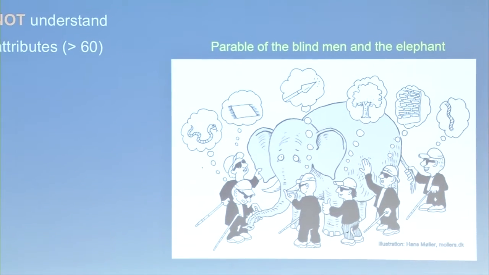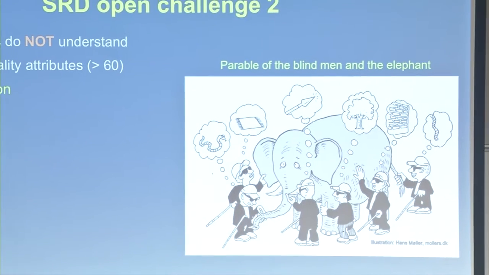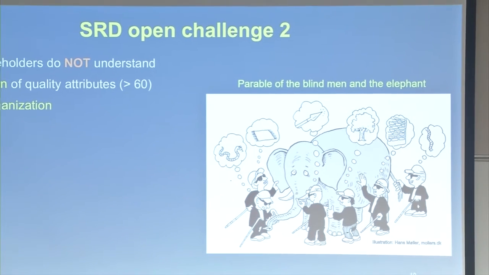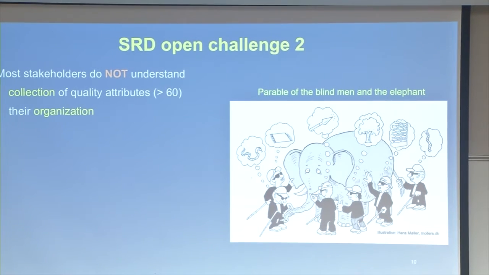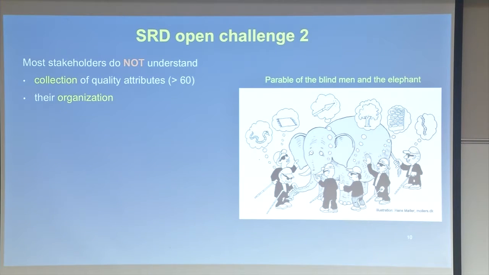Now, most stakeholders do not understand the collection of quality attributes. They understand that there's a thing called security, and that's important. They understand safety, that's important. Reliability is important. Performance is an attribute, and there are many different kinds, so responsiveness and throughput and so on. All of these things are important.